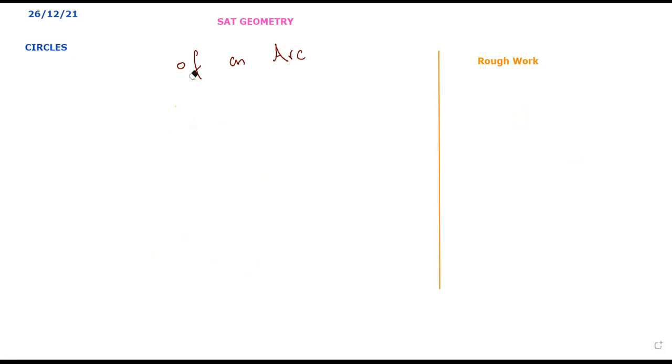Similarly, if I talk about the area of an arc, you should just know the formula. This is the circle. This is x angle, and this is the area, okay?